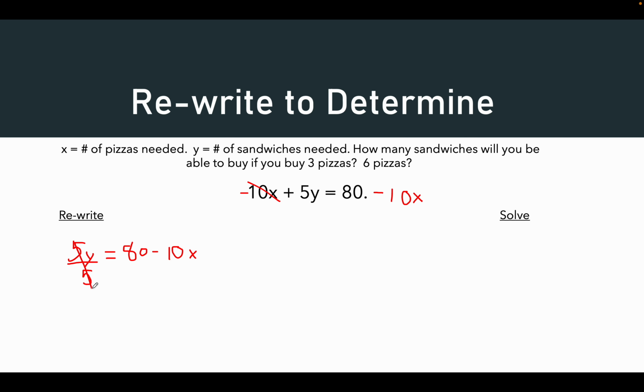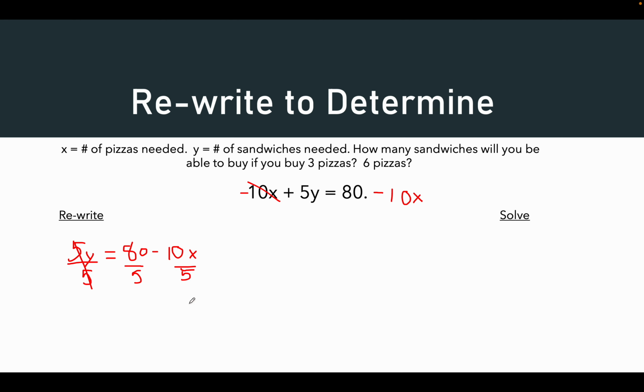So, by 5s. If I divide this by 5, I have to divide this whole side by 5, but it's really each term. So I would divide this one by 5, and I would divide this one by 5. Everybody gets divided by 5.